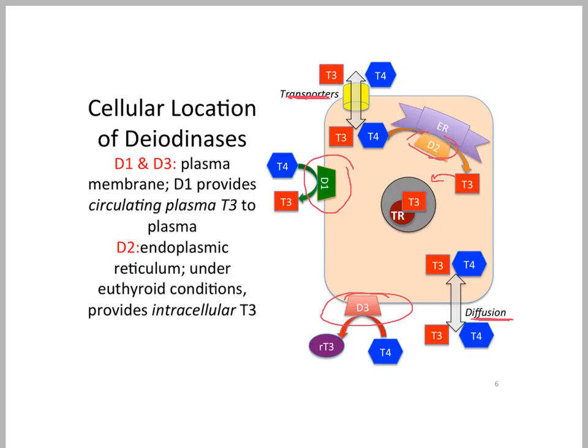So, again, deiodinase 1 and deiodinase 3 impact circulating plasma T3 or reverse T3, and deiodinase 2 seems to be providing intracellular T3 in tissues where it is in high quantity.